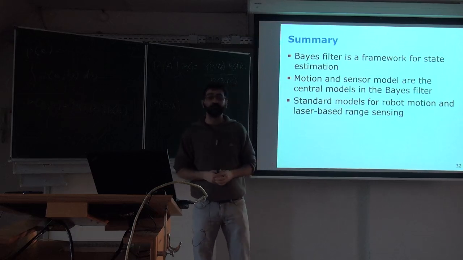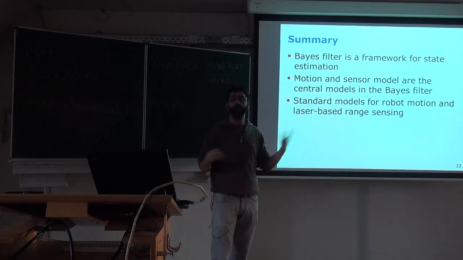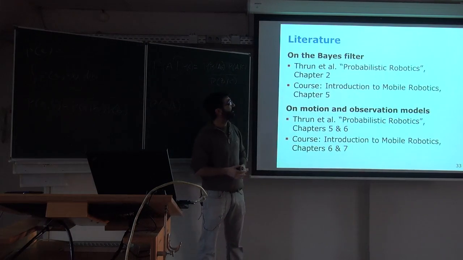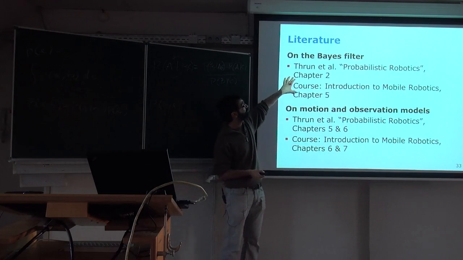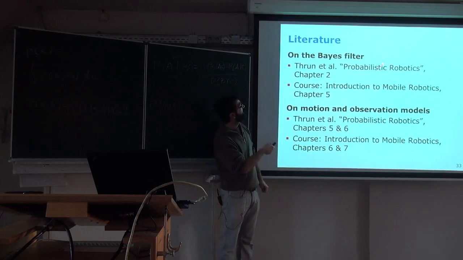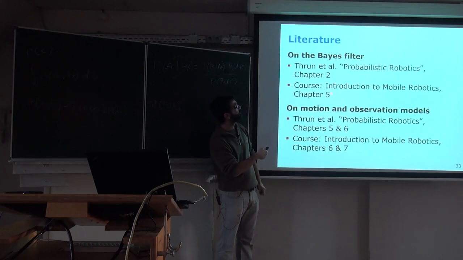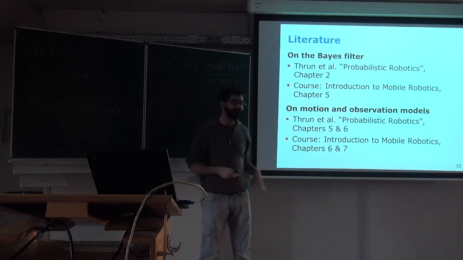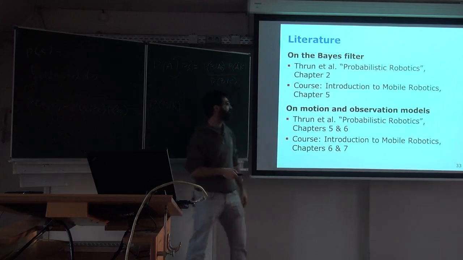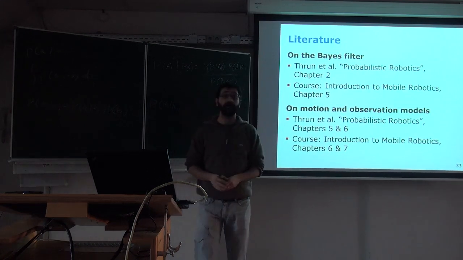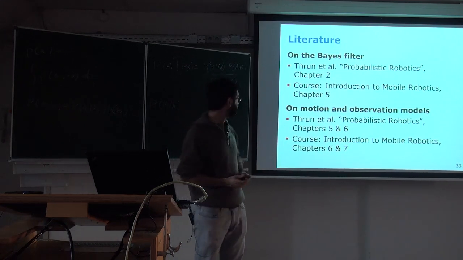We will see later on how to use these things, but for now, if you want more information, go to chapter 2 of the book Probabilistic Robotics for the Bayes filter, and chapters 5 and 6 of the book for the motion and observation models, and slides 6 and 7 of Introduction to Mobile Robotics.